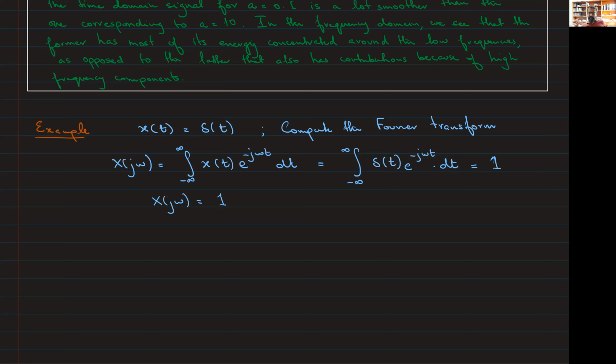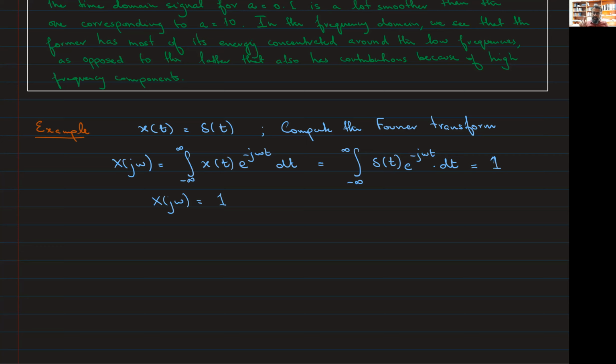This delta of t, and one of the intuitive explanations of why that is so is because delta of t, if you really think about it, is something which is extremely sharp as far as transitions are concerned, right? So it stays zero, and then it goes up, and it goes down in an infinitesimally small duration of time, right?